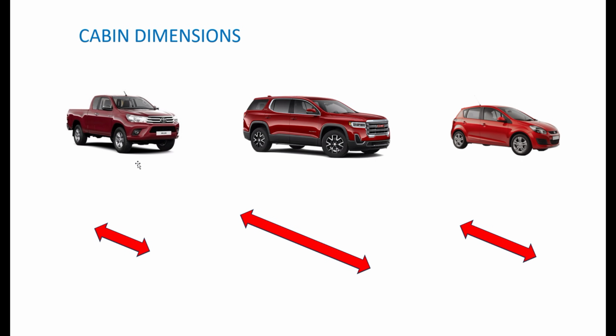And the frequency of the first standing wave node is determined by the size of your cabin. So if you take a very small cabin like in a single cab pickup, then the standing wave frequency might be 90 hertz, right, because it's such a short cabin. Whereas if you're in a big SUV where the cabin is much longer or you've got much more cabin space, the standing wave frequency might be 50 hertz.